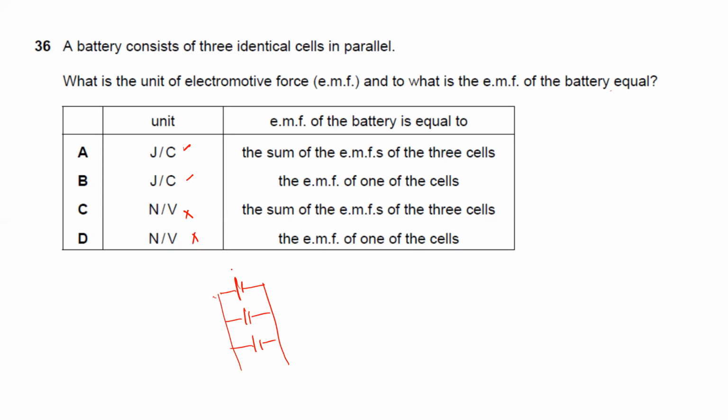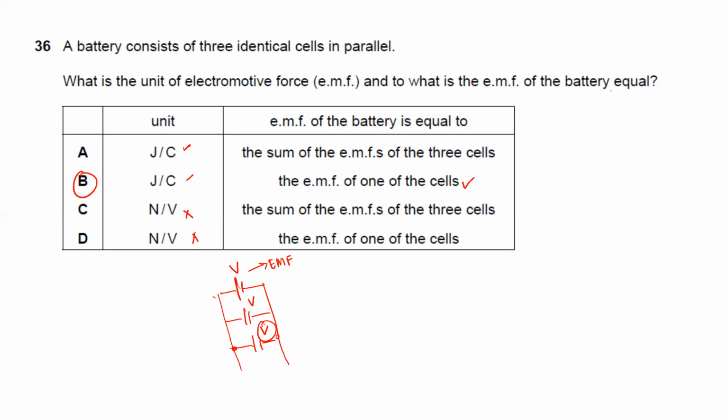Remember, these cells are connected in parallel. So EMF is equal to voltage. Whatever the EMF of one cell, if they are all connected in parallel, the voltage or EMF will remain the same. So the EMF of any one of the cells will be equal to the overall EMF of the battery. So answer B is the right choice.